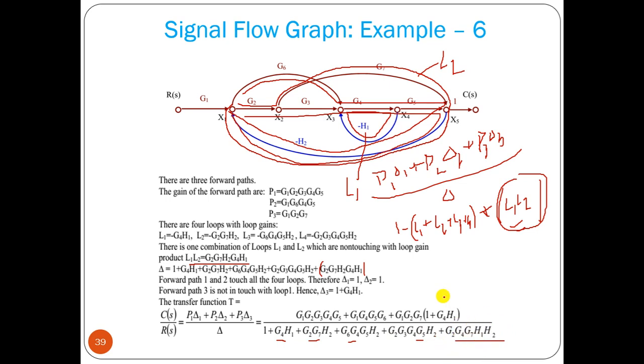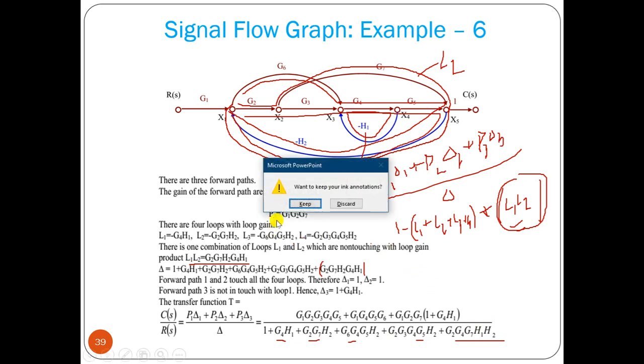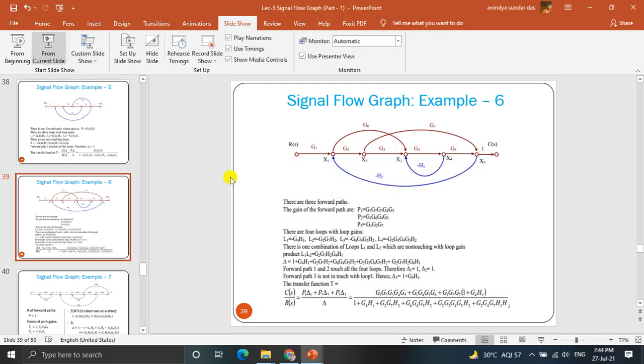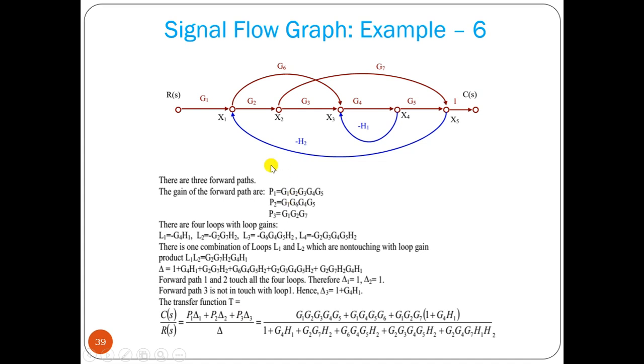Now what we can find out? We have to find out delta. Now we can find out the value of delta. Now if we consider loop forward path 1, this is the forward path 1. Now you can see all the loops are basically touching with this forward path, so delta 1 equal to 1.